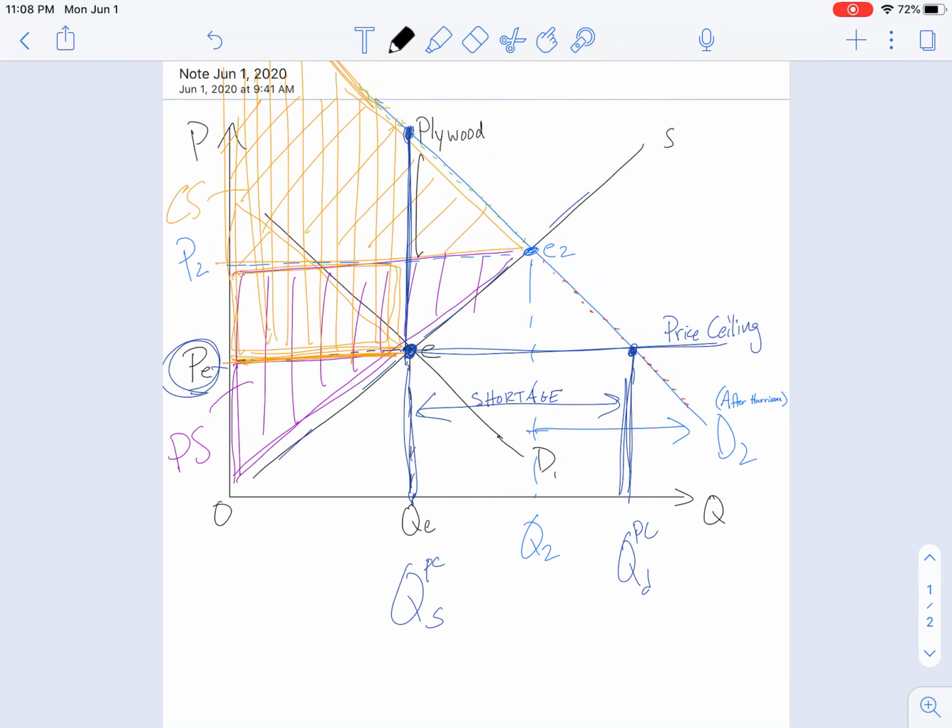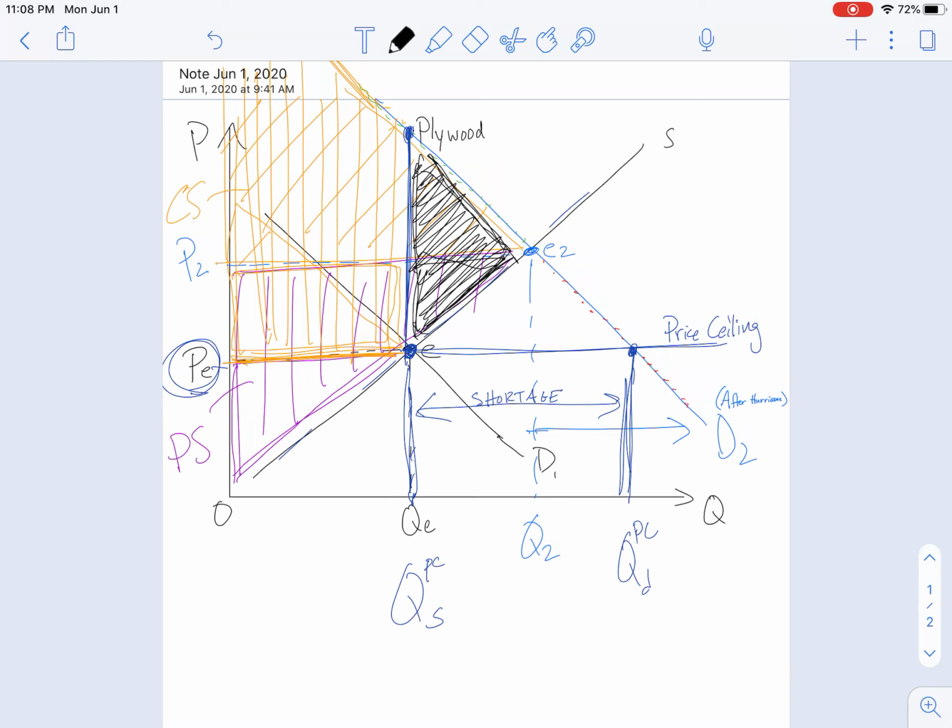Well, for one thing, this area right here represents potential consumer surplus, and this area right here represents potential producer surplus if we went to E2, and the market cleared at a larger quantity and a higher price. But at this price ceiling, at the legally binding maximum price, those extra sheets of plywood never make it there.